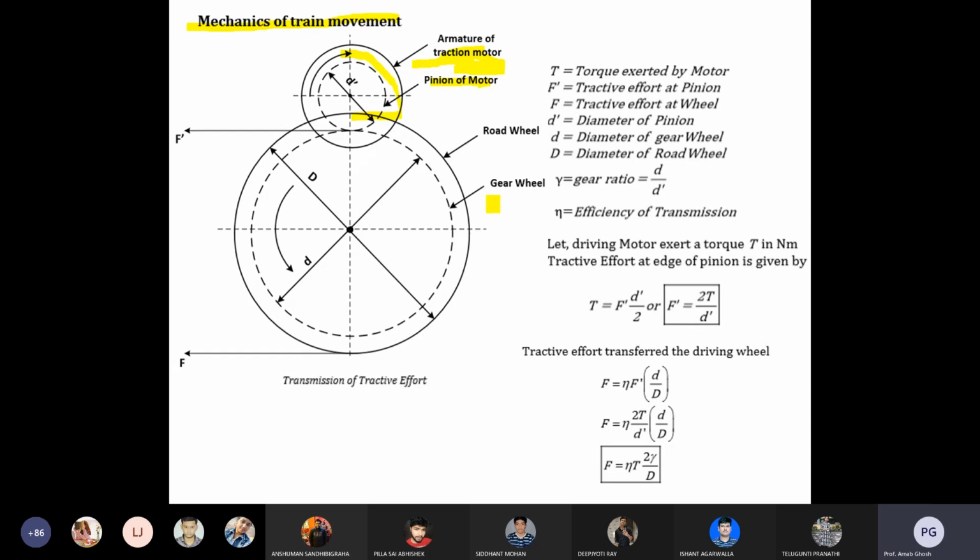On both the shafts, two wheels are coupled to each other. One wheel has some gear joining, and that pinion is directly connected with the gear. So movement of the traction motor causes movement of the pinion, and movement of the pinion causes movement of your gear.